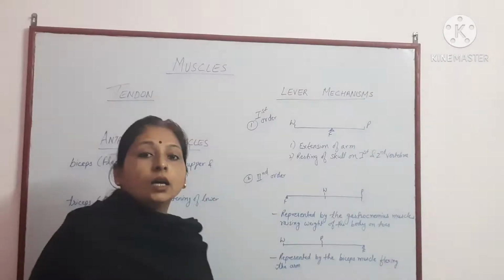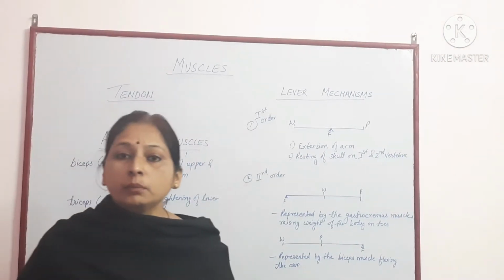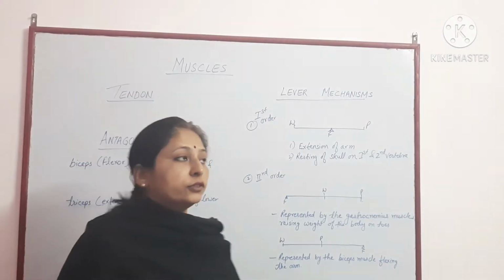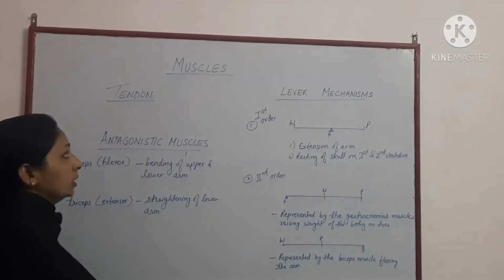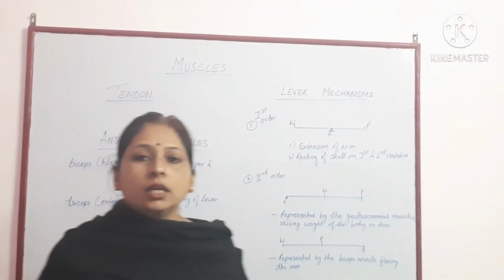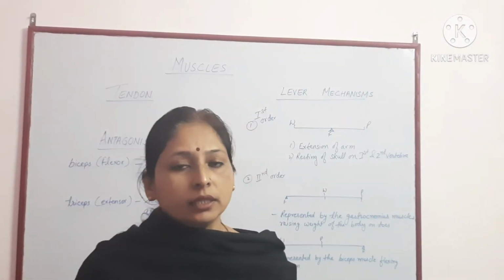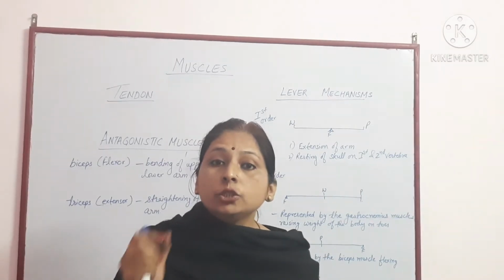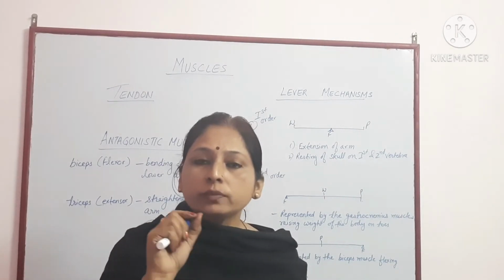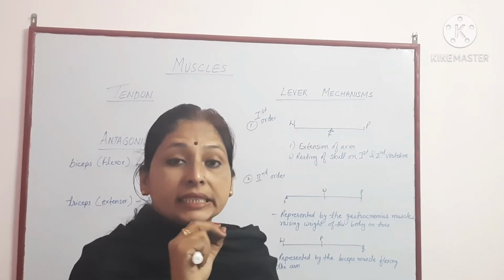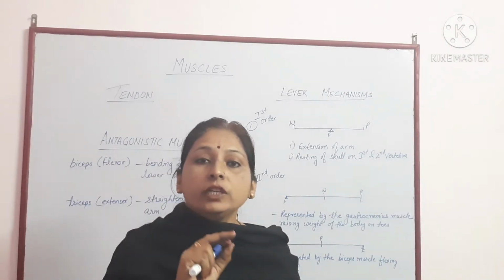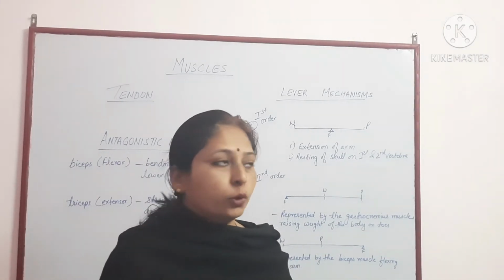Next is muscles. After joints, now is muscles. The first word I have written is tendon. I have discussed this various times in our classes. The tendon is the portion of muscle, an extended part of muscle, which connects muscle to bone.